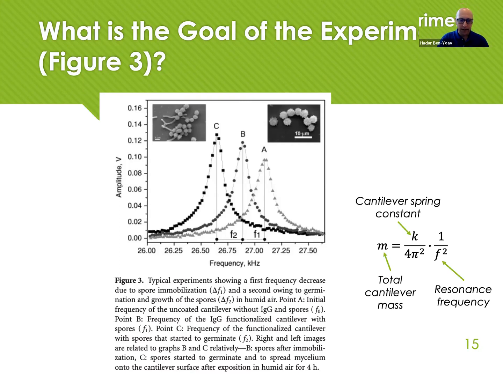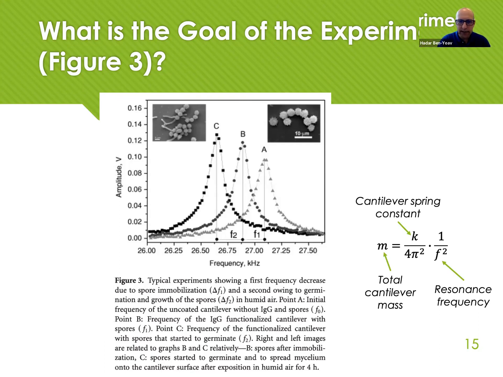So let's see what happens. The amplitude tells us the intensity of the resonance. And here we apply different frequencies. At the beginning, we apply 26 kilohertz, and then gradually we increase to 27, 27.5 until we get the maximum amplitude.